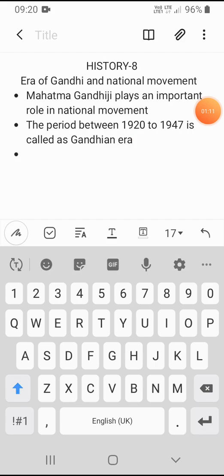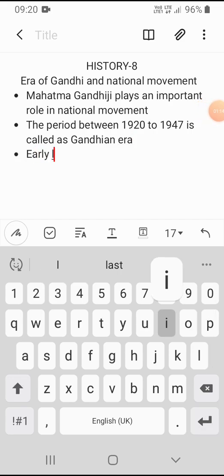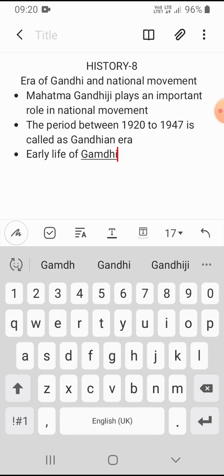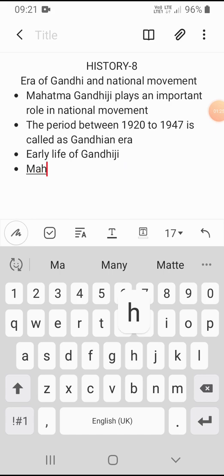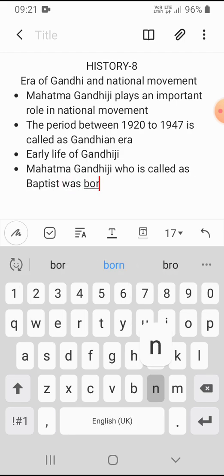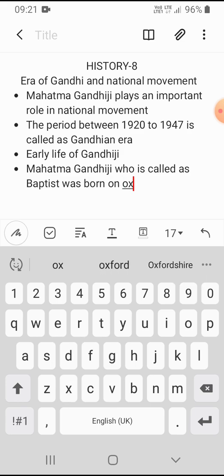Let's learn about Gandhiji. Early life of Gandhiji. Mahatma Gandhiji, who is called Bapuji, was born on October 2nd, 1869.